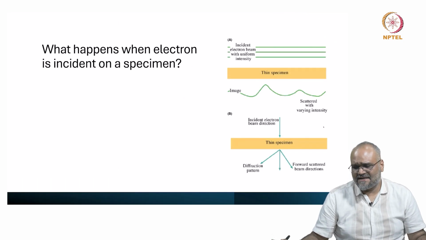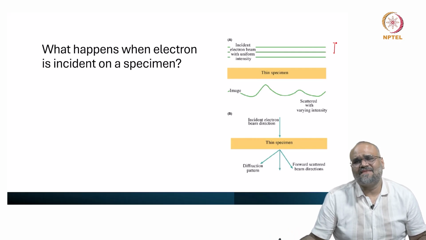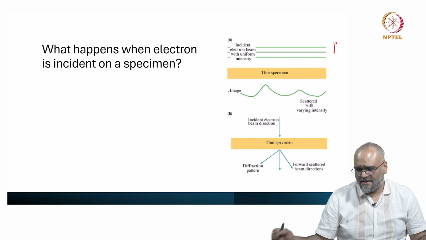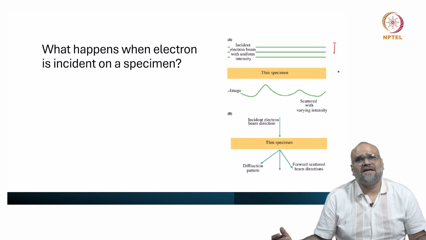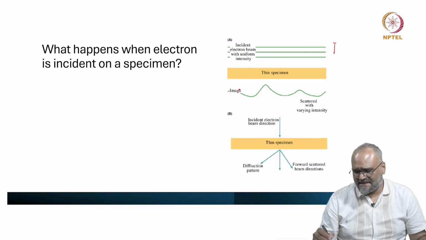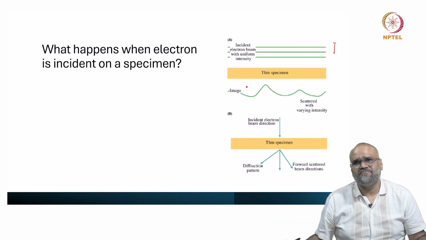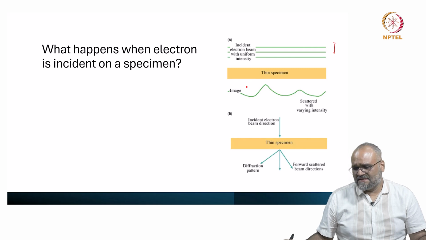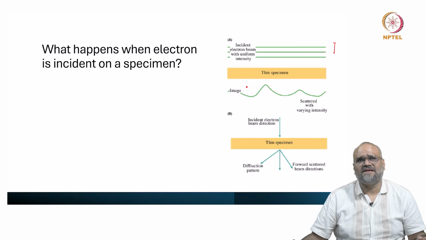If I have a near planar incidence on a thin specimen in a TEM, once the interaction happens, I collect the forward scattered electrons, and the image is a spatial distribution of intensity, whereas the diffraction pattern is an angular distribution of intensity.